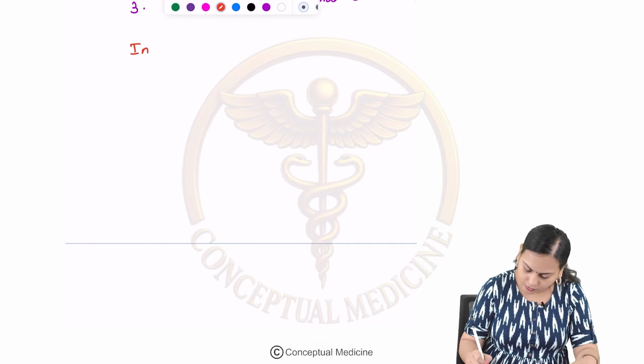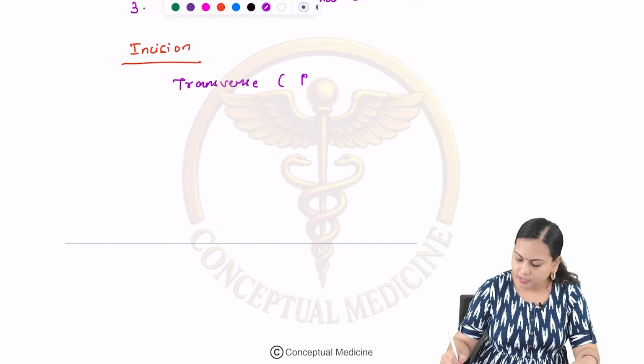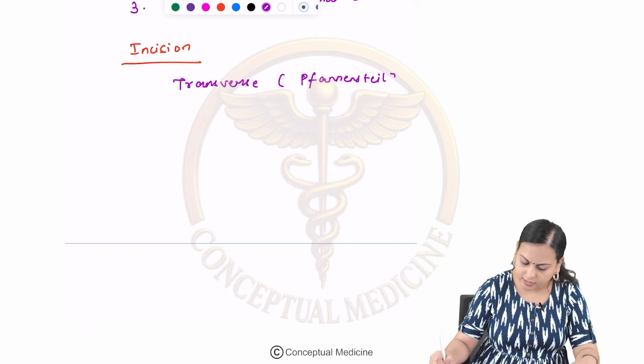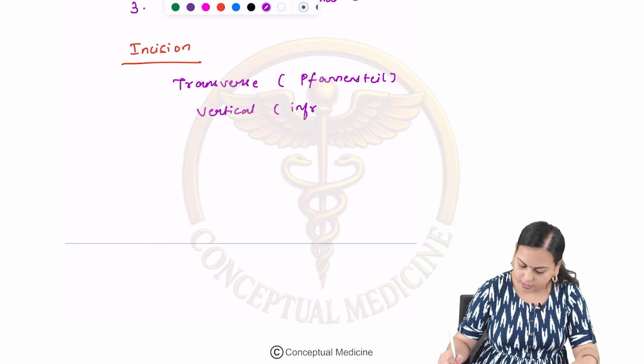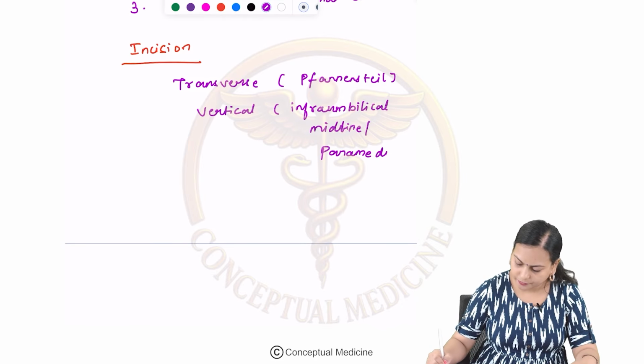The incision we will give can be a transverse incision, that is nothing but a Pfannenstiel incision, or a vertical incision, that is vertical means infra-umbilical midline incision, or even a paramedian incision.